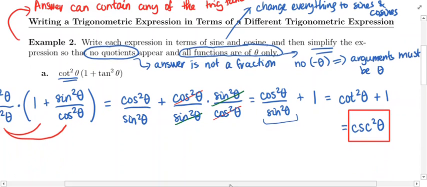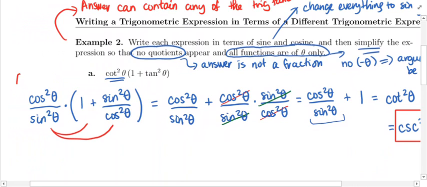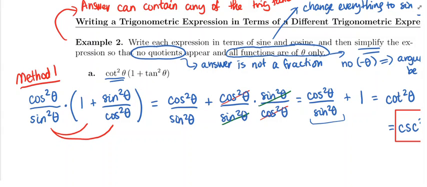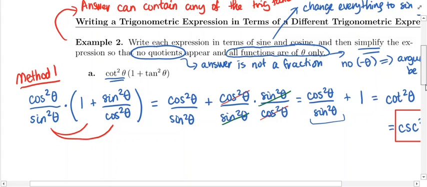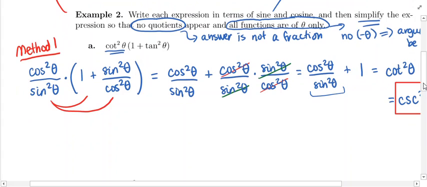Okay, before we go to the next one, I want to mention something here. Okay, I'm going to put method 1 here. The directions tell you here that you've got to convert everything to sine and cosine. Okay, and you've studied trig before. You know that's not true. Okay, you don't have to convert everything to sine and cosine to change an expression into an equivalent form.